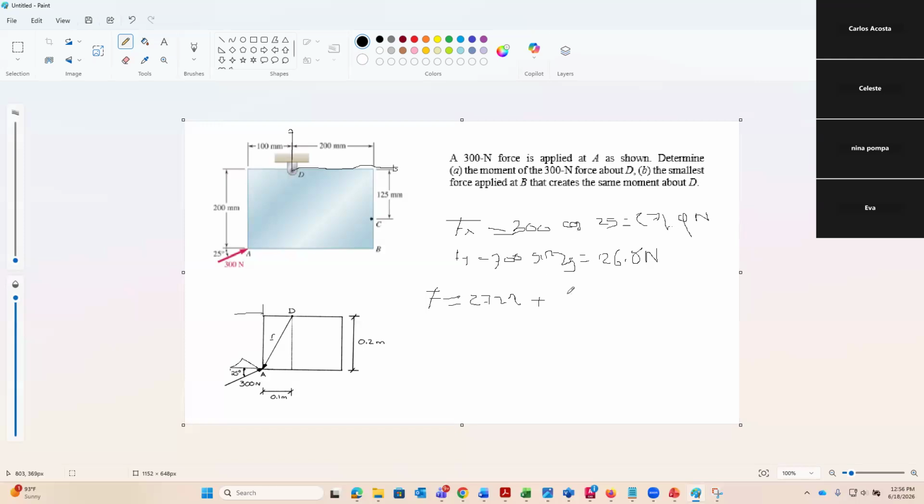If it was negative, it would be because it's a compression, but it's extension. Plus 126.8 J. And if it's 3D, it will be K. So in this case, actually you can say 0 K. There's no component in Z. All right, why? So you have an option.